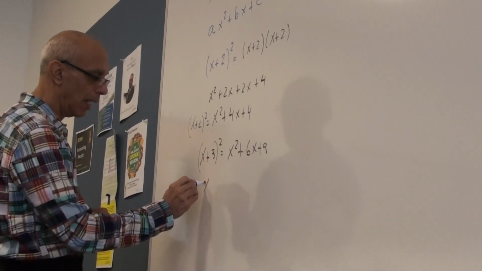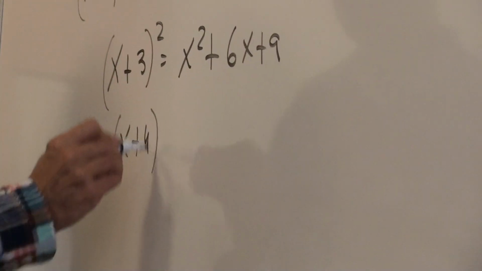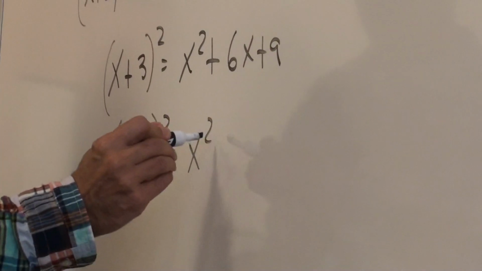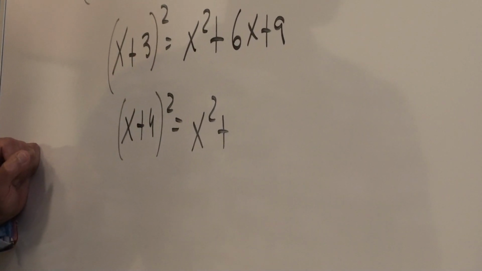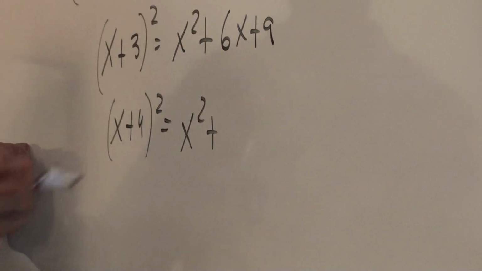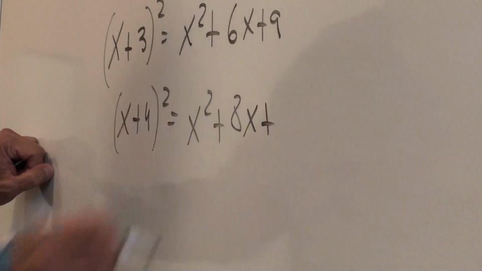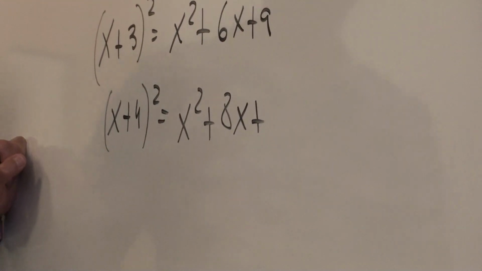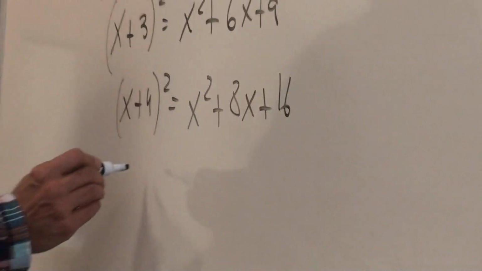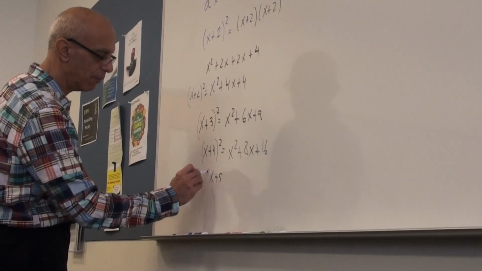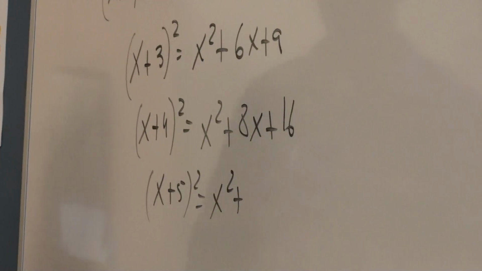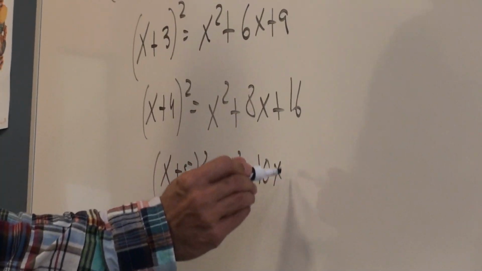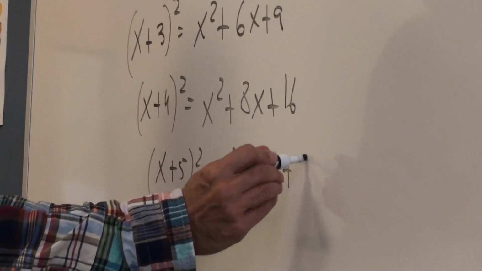And then let's see, (x + 4), what's it going to be? It's going to be x squared plus 8x plus 16. If I have (x + 5), it's going to be x squared plus 10x plus 25.